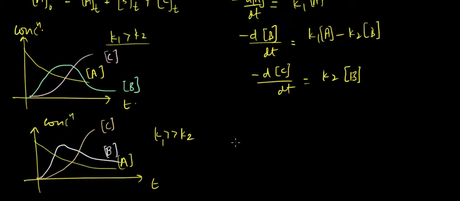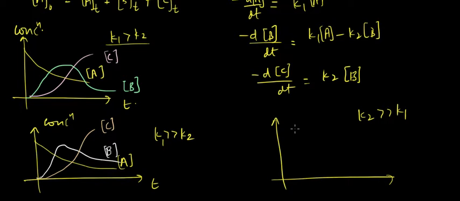Now let's see what will happen if K2 is greater than K1. So in this case we have concentration with time again. For A definitely we would have something like this. Similarly you can draw the arrows for the respective graphs as well.